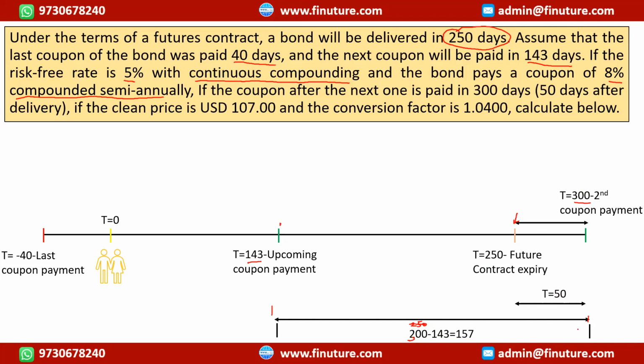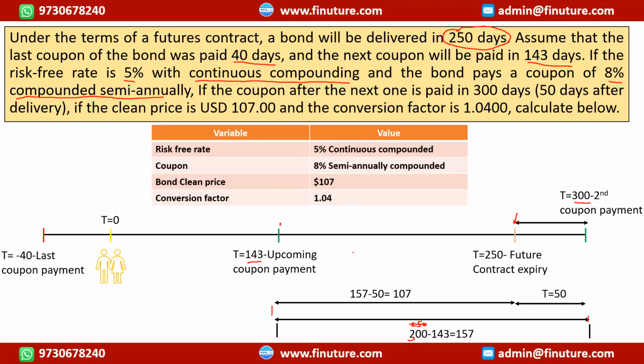This entire gap is 157 and this is 50, so the remaining would be 107, that is 157 minus 50. Be very careful here. This would be 300 minus 143, so it would be 157.